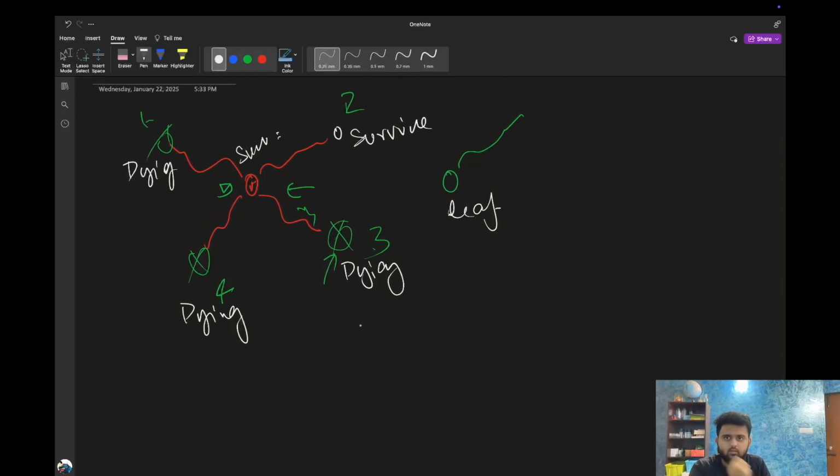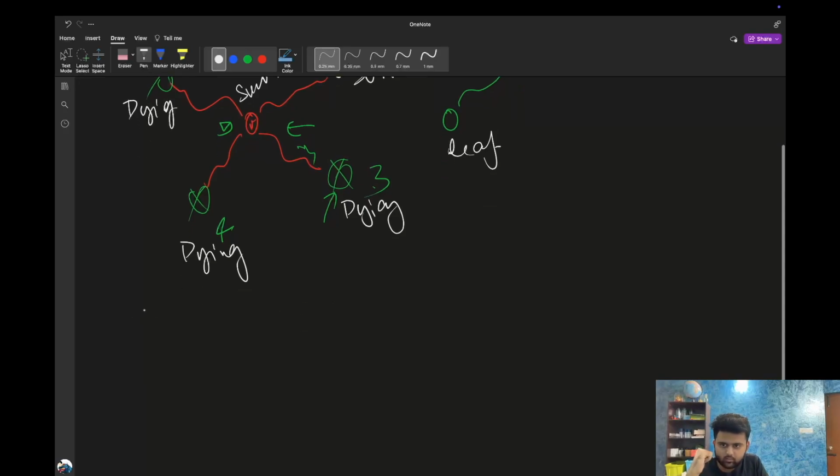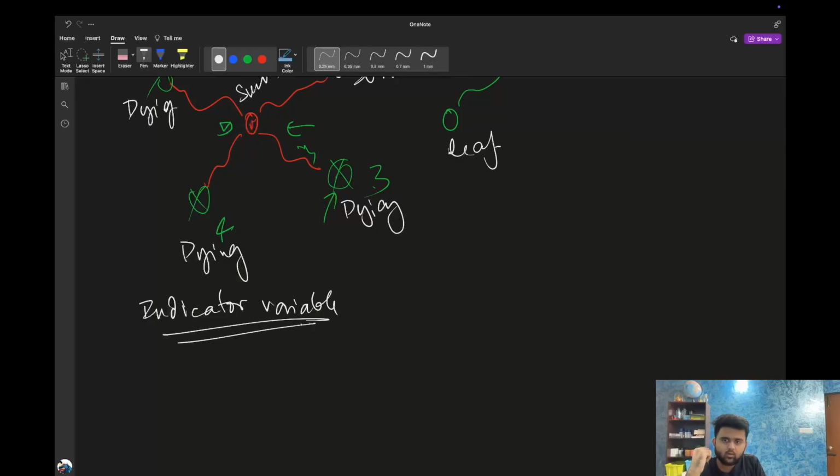So starting off, let's make use of indicator variables. This is just a fancy word for a variable I_i that's associated with the vertex i, which becomes 1 if i is a leaf and 0 otherwise.